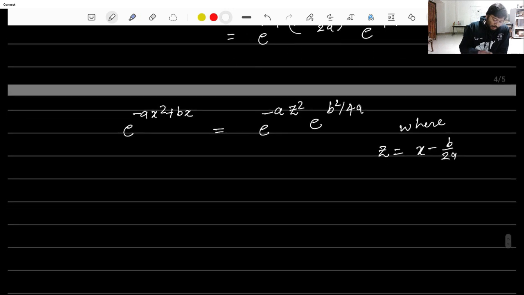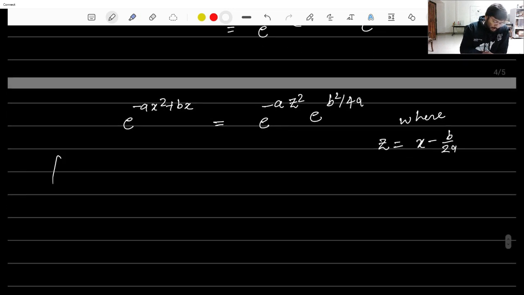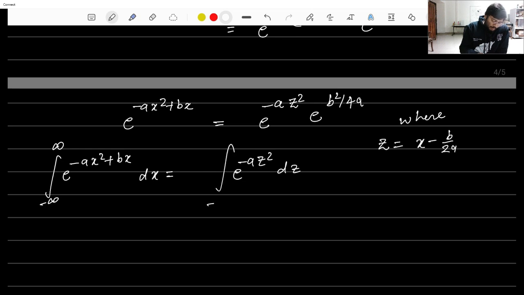So now our integration of e to the power minus ax square plus bx from minus infinity to plus infinity dx becomes the integral of e to the power minus a z square dz from minus infinity to plus infinity, and a factor e to the power b square by 4a comes out of the integration, which is constant.